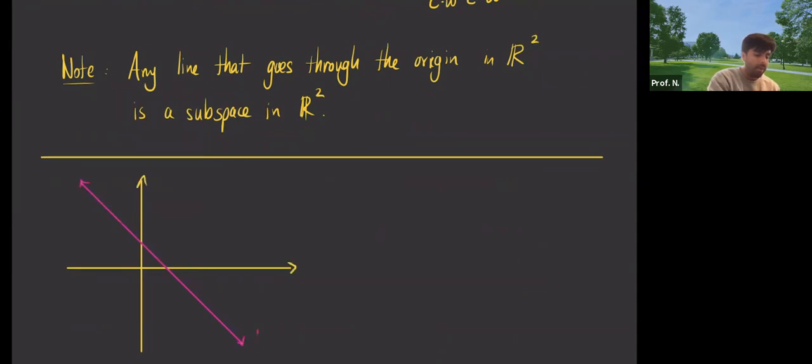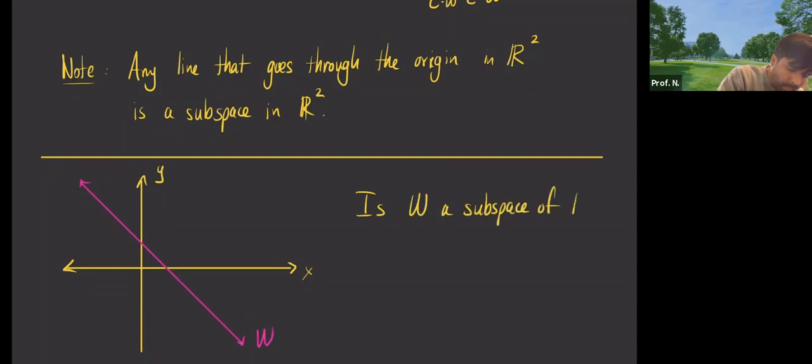And I call this W. Now, is W a subspace? So can anyone answer that? Is W a subspace if the line W does not go through the origin? No, it is not. No, why not?